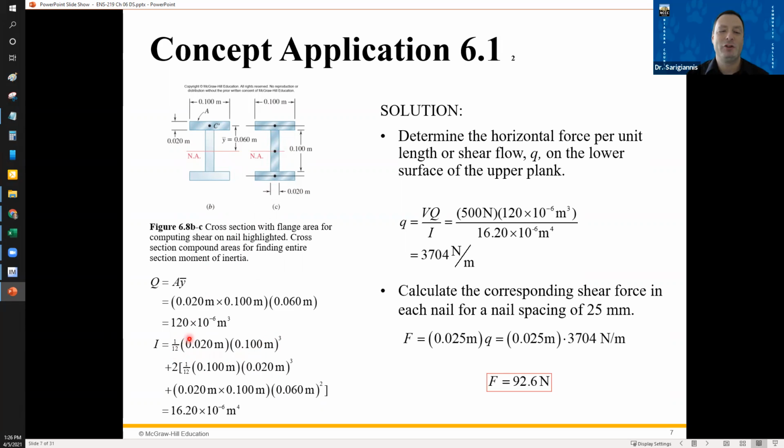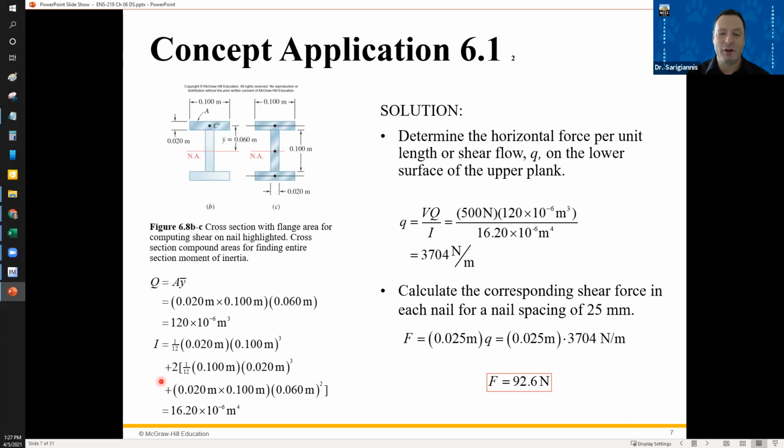Then we've got 1/12 times 0.1 times the 0.02 cubed, right? So that's each of these top and bottom sections. They both have the same moment of inertia about their centroids, right? The 0.1 meters times the base cubed divided by 12. There's 2 of them, so we add that in.